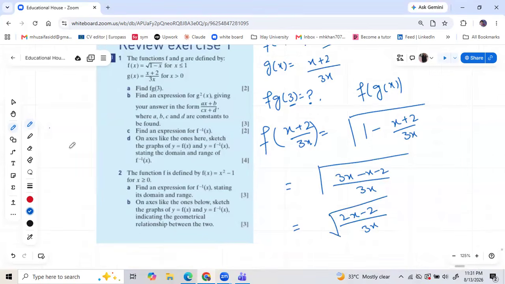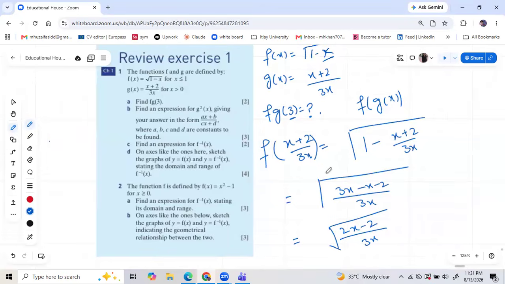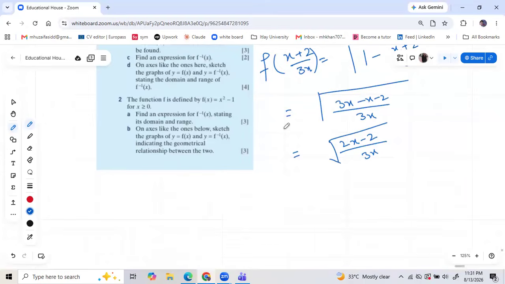Now our target is to find f of g of 3. That means we replace x with 3.